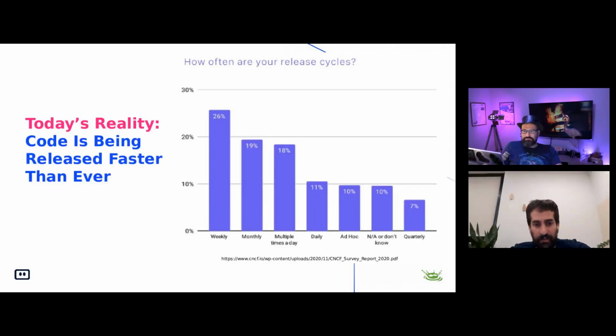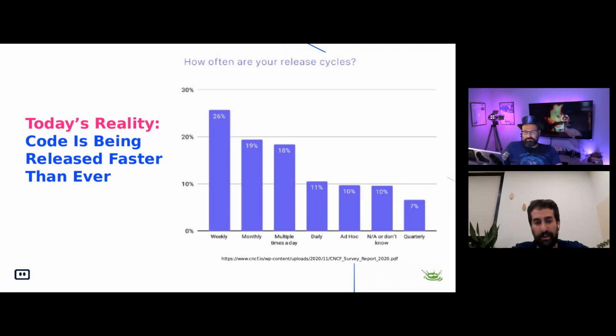So I think I don't need to tell anyone here that today's world looks very much different versus previous years. Deployment frequency is just going up. We see GitOps taking off in almost every organization. And we see how the KPI of mean time to deploy is getting smaller and smaller.